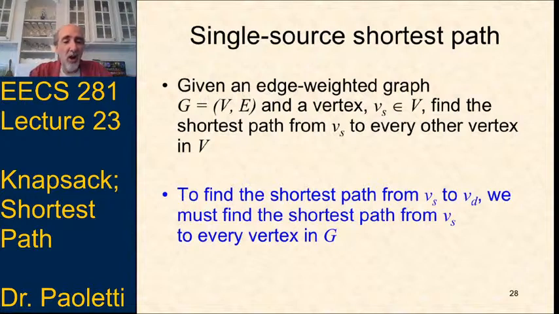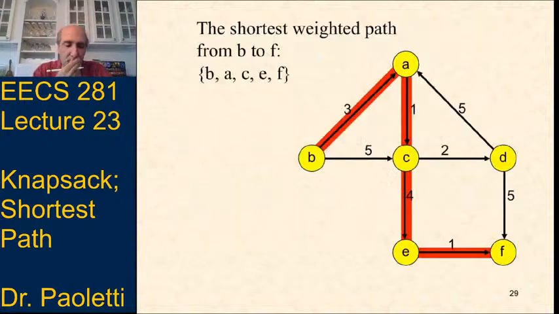Because I don't know if I've got the shortest path from vs to my destination vertex unless I've gone to every vertex, because maybe the best way to get to my destination is to go through 3 other vertices. So along the way, trying to solve this problem, we're going to solve other problems also. That's why it's called single source shortest path. Even though I have 2 endpoints in mind, I'm going to get more than one shortest path in there.